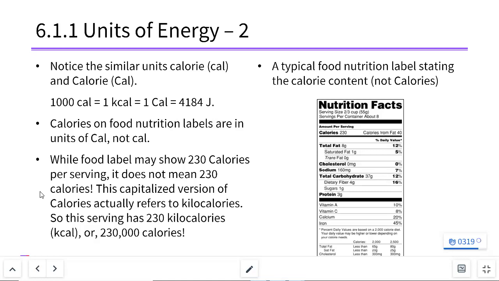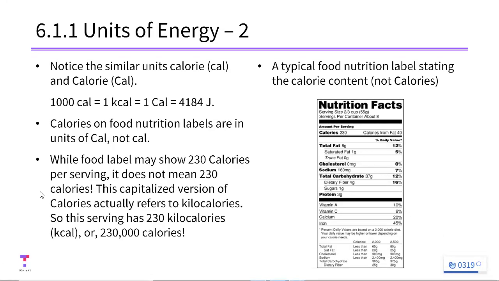When I look at this nutritional label, which says that 2/3 of a cup of whatever we are eating has 230 calories, 8 grams of fat, 37 grams of carbs, 3 grams of protein, those 230 calories are capitalized, not just because they're the first word of the sentence, but because they are referring to kilocalories as opposed to common calories.